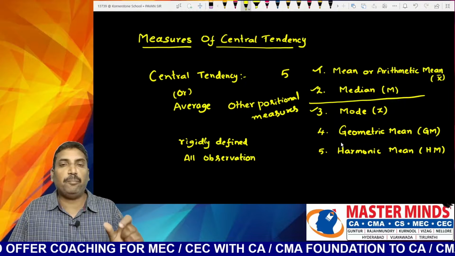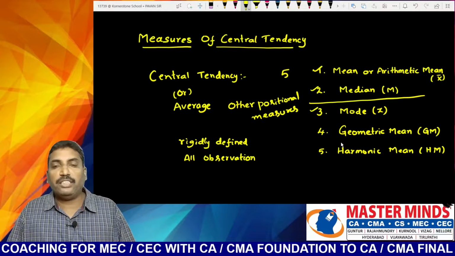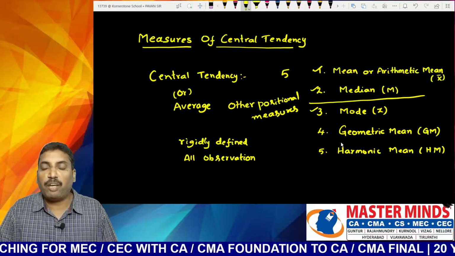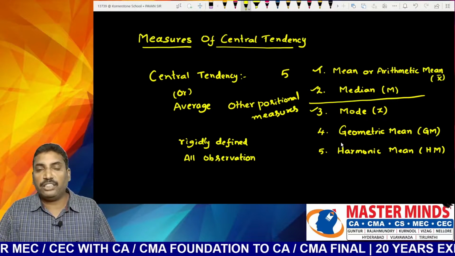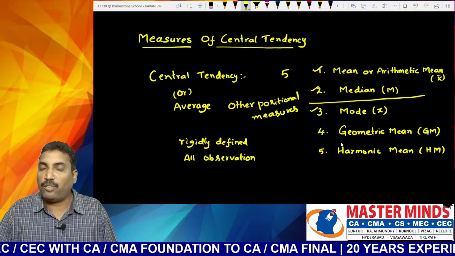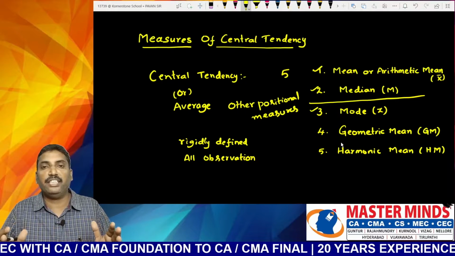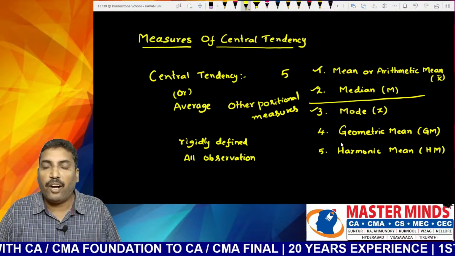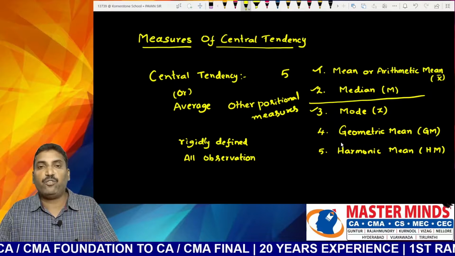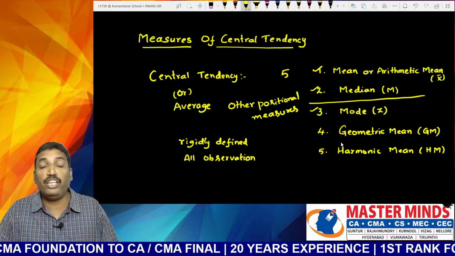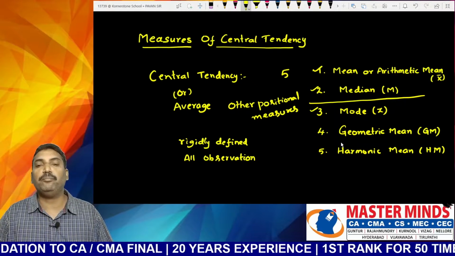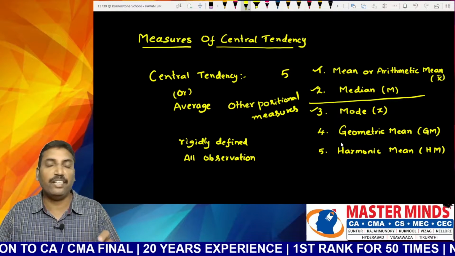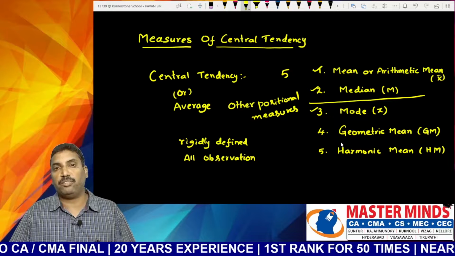But in case of median and mode, those two measures are not based on all the observations. Why? Because median is the middlemost observation, so we concentrate only on the middlemost observation. Of course, first we arrange the data in ascending order or descending order. After that, we identify the middlemost observation and we ignore all the remaining observations. So what we conclude is median is based on only one single observation, that too the middlemost observation only.